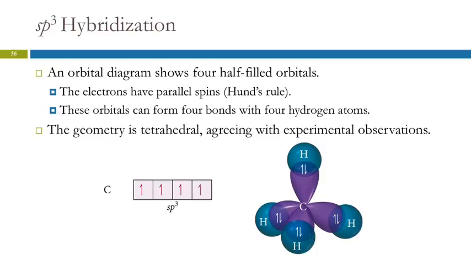So to do an orbital diagram for this, we're again showing each orbital as a box, and now all four of these boxes are going to be put together because they're all the same energy. So this is like four beds in the same room. It's a little bit like they did some construction on the second floor of the Quantum Hotel.